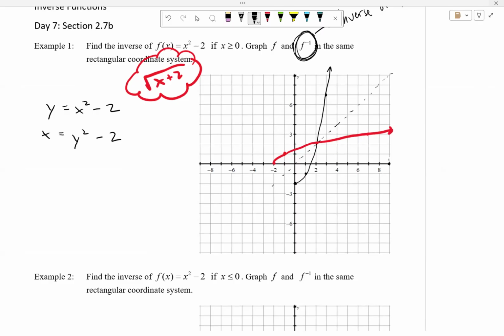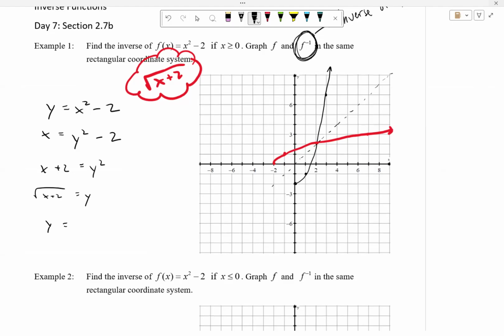Next step is to do what? Solve, move 2 to the other side so we can solve for y, exactly. So it becomes x plus 2 equals y squared. And last step, solving for y, we get square root of x plus 2 equals y.